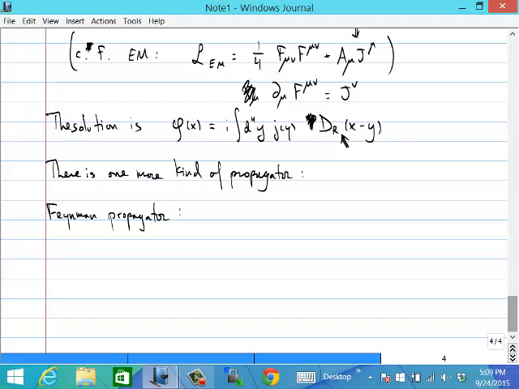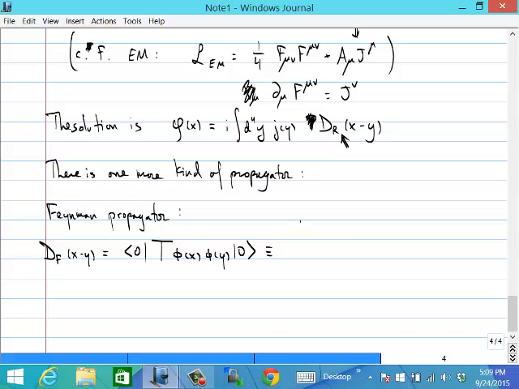And it's usually denoted D_F of x minus y. And it's defined in the following way. It's defined as the expectation value of what's called the time-ordered product of the fields phi x, phi y.